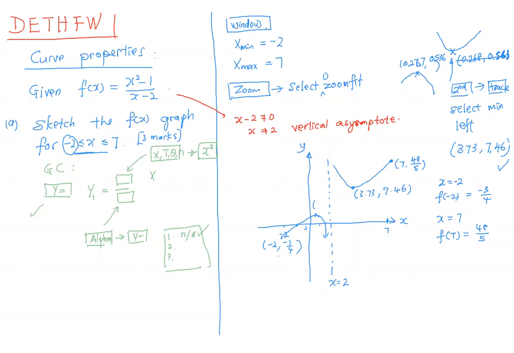No asymptote, 1 mark will be deducted. So that is how you sketch the graph. You use your graphic calculator, get all the important points, then transfer them onto the paper.